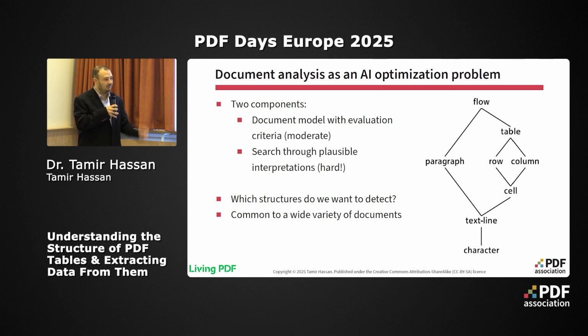So, for example, when we put the PDF's text with all its coordinates into the respective paragraphs, rows, and columns, we can use the evaluation criteria, which are based on typical graphical design rules and text typesetting rules, to say: is this really a paragraph? Is this really a table? Does this conform to the rules of the table?